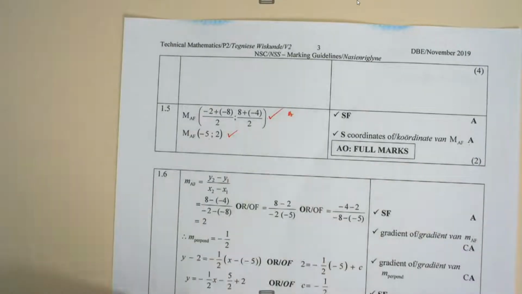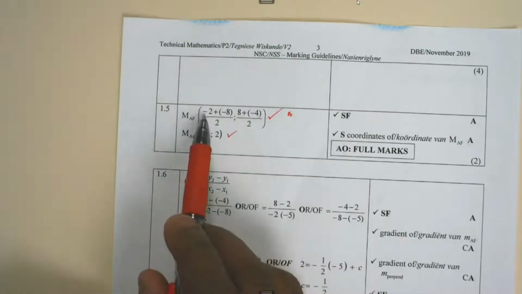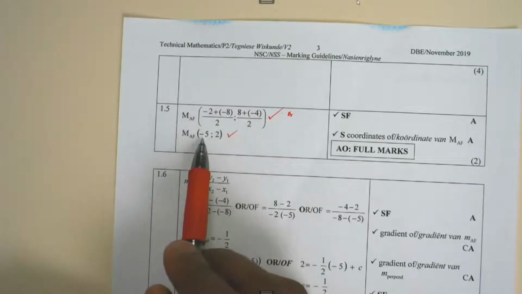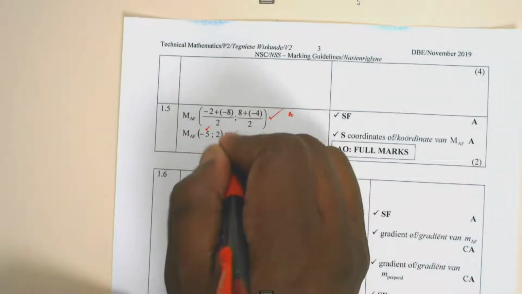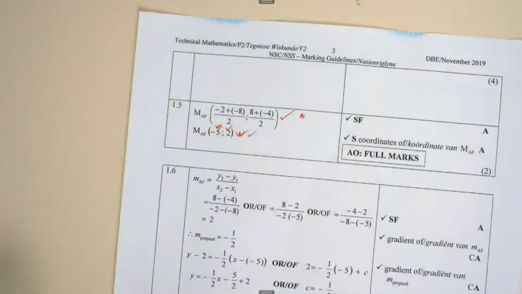That simply implies, colleagues, full marks. If a learner does not indicate substituting the correct formula, but you see the answer to be -5 and 2, that learner will get 1 mark for -5 and 1 mark for 2. That is in a case where the learner did not substitute in the formula.